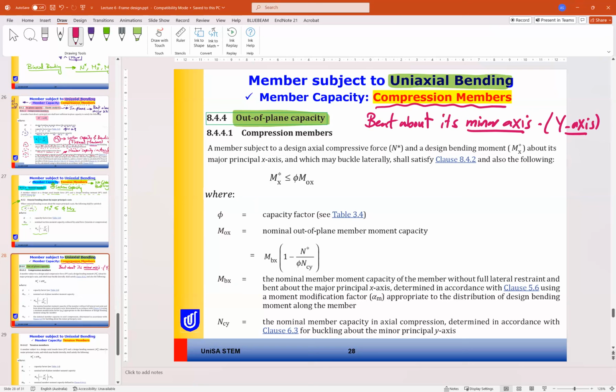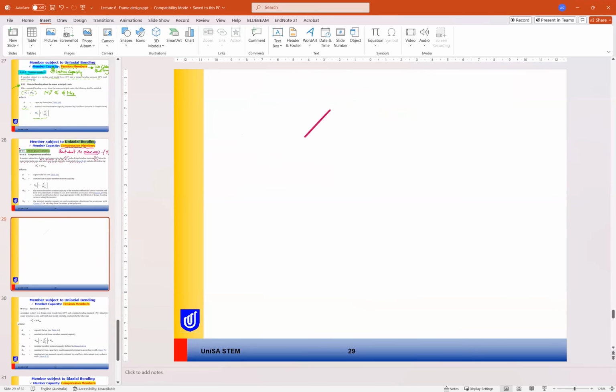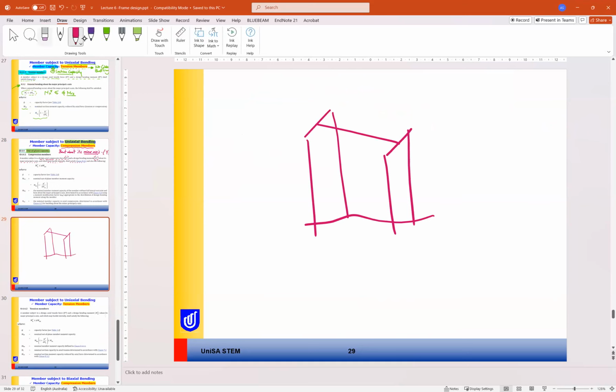A member subject to a design axial force N* and design bending moment Mx about its major principal axis, and which will buckle laterally, shall satisfy the following. Okay, so what does this mean? We have a column that is already under bending moment about its x-axis.